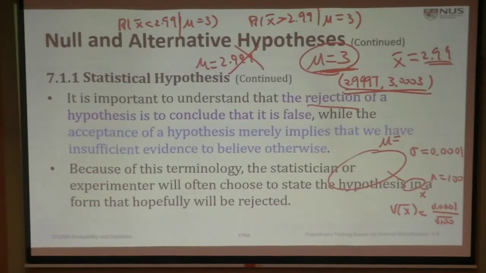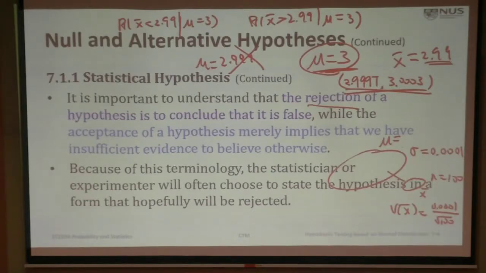For example, if I have a new medicine and I want to claim that it is better than the existing one, I measure, say, the proportion of patients cured from a certain disease. I set that higher than the existing belief as my alternative hypothesis, and my null is that my new medicine is as good as the existing one. So it's the status quo, and I want to find evidence to say that the new medicine is in fact better than the existing one.